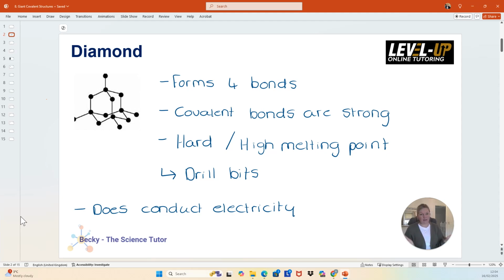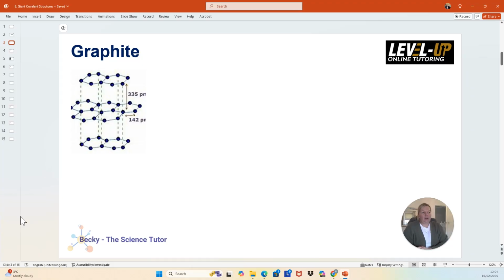So surely they should have the same properties. Absolutely not. Okay, so let's have a look at our graphite then. So again, only made of carbon atoms, but this time each carbon atom forms 3 covalent bonds.